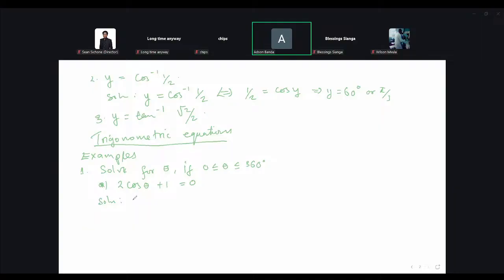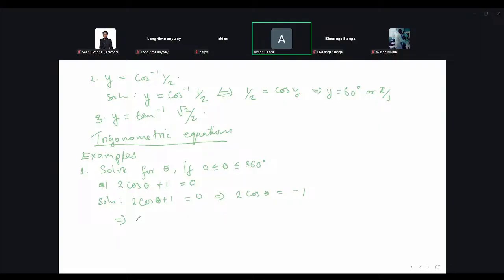What you just do is what you used to do when solving any kind of equation. You have 2 times the cosine of theta plus 1 equal to 0, which implies that 2 times the cosine of theta is equal to -1.